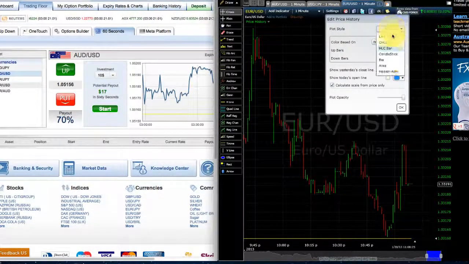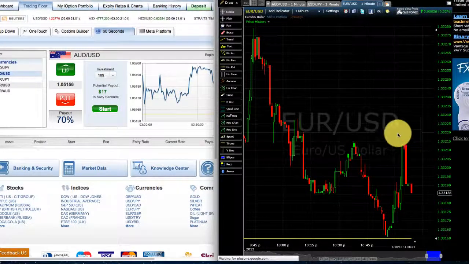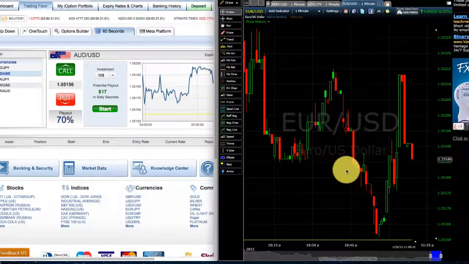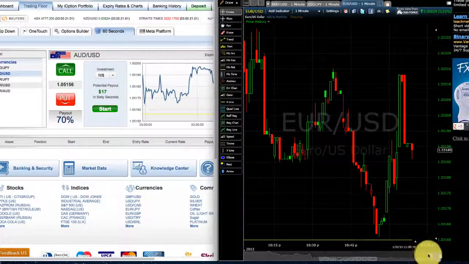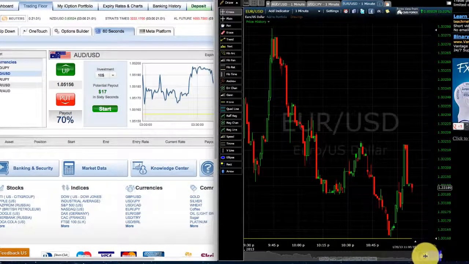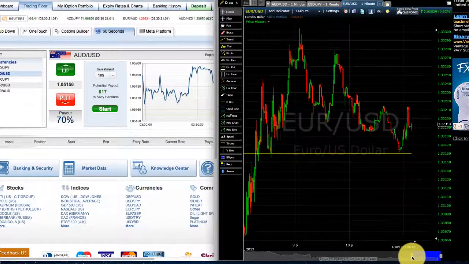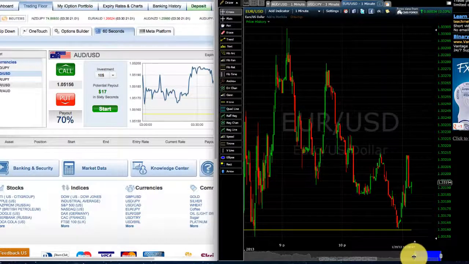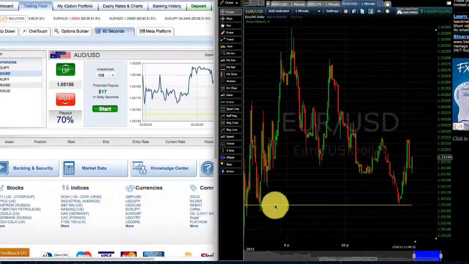Change it to a candlestick graph. Just move the period out a bit. And this yellow line here is the actual opening price for a trade.